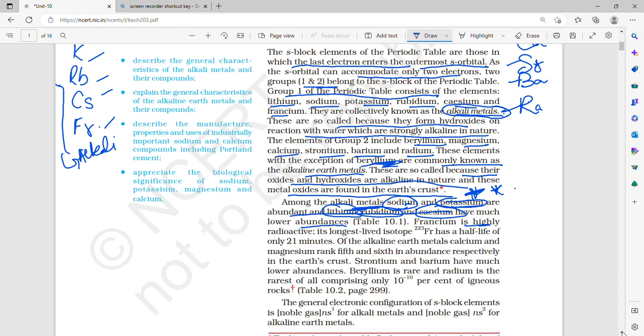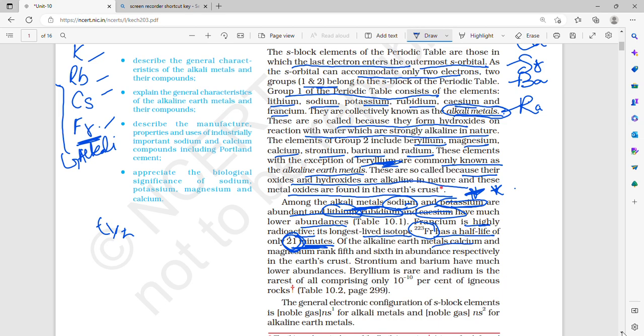Francium, which is lowest in the group, is highly radioactive, and its longest lived isotope, Fr223, has a half-life of only 21 minutes. You must have learned half-life in chemical kinetics.